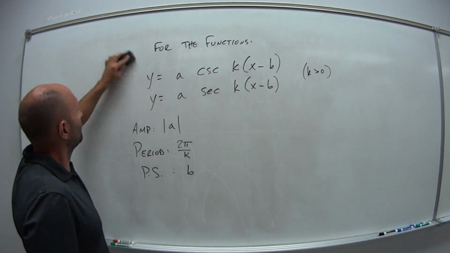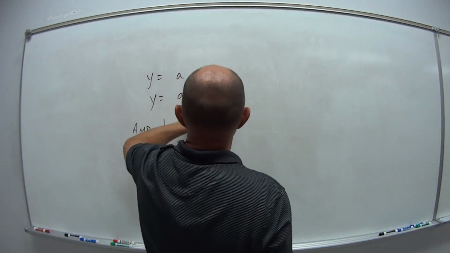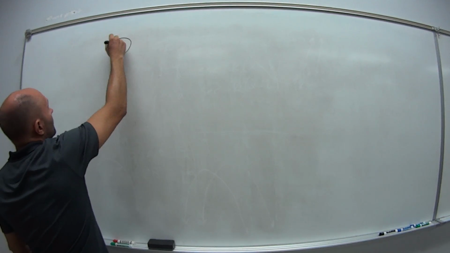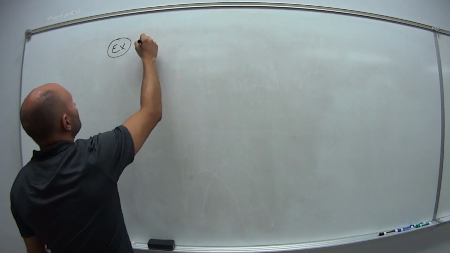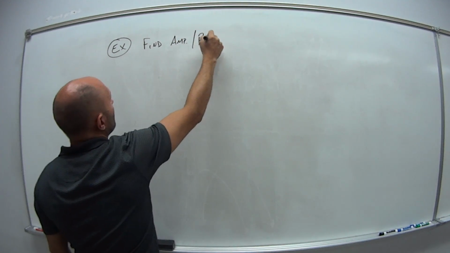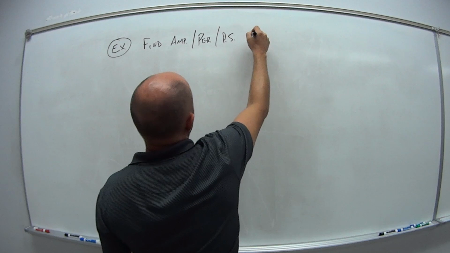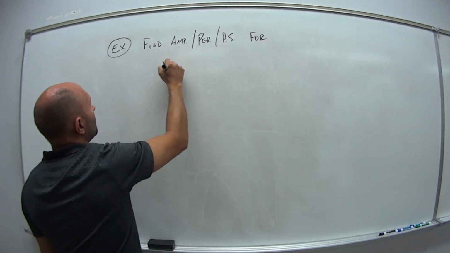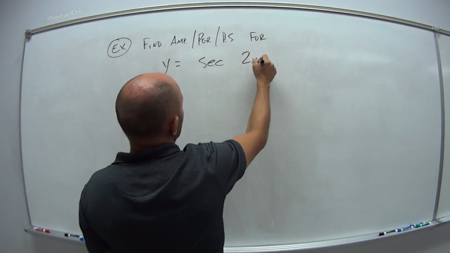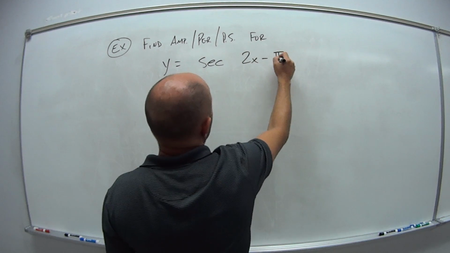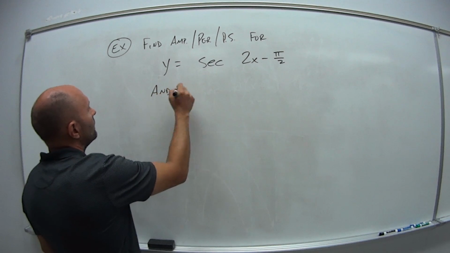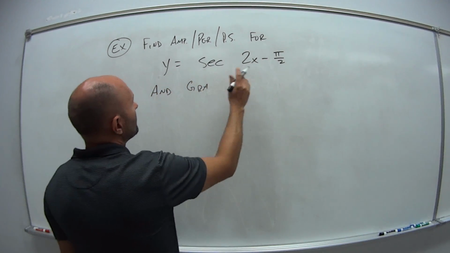So let's look at a quick example. Let's say we want to find the amplitude, period, phase shift for the following. y is equal to secant of 2x minus pi over 2, and we want to graph, let's change this.